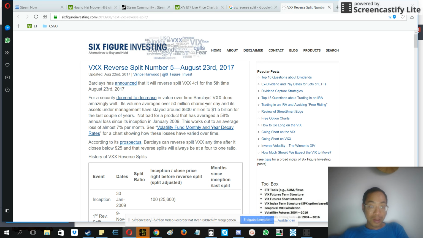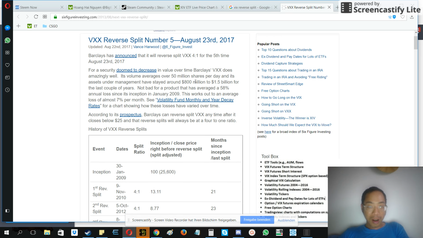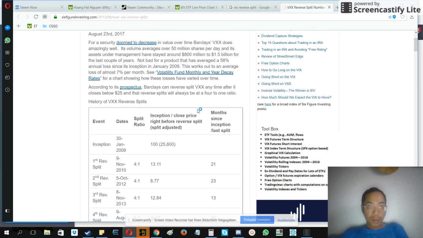The instrument is quite often traded, usually 800 million to 1.5 billion over a couple of years, not bad for a product that has an average annual loss since inception. So actually it always loses value, but it works. That's why I actually like shorting it.